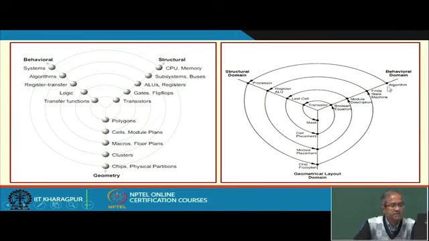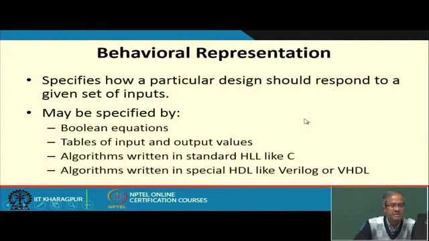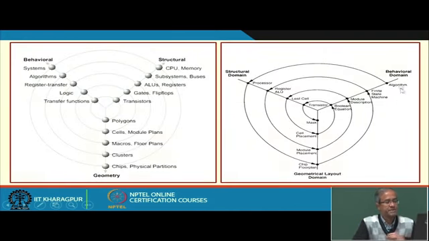Now, you see, instead of a circle, we have drawn some kind of a helix which starts from here and moves down towards the center. This actually represents a top down design. How? It says that to start with a behavior, let us say an algorithm.